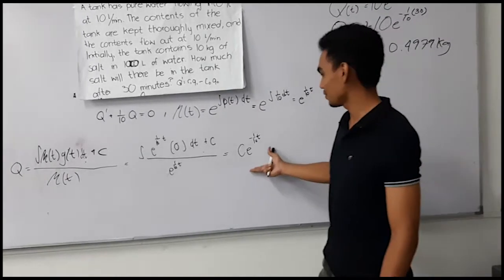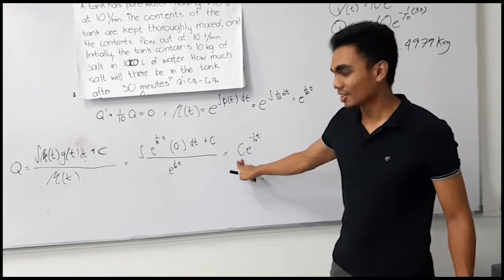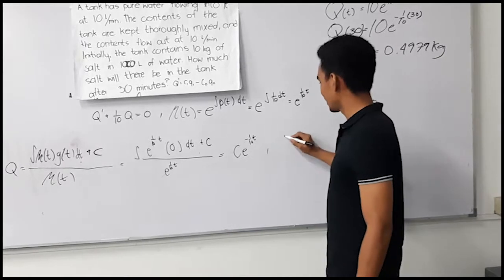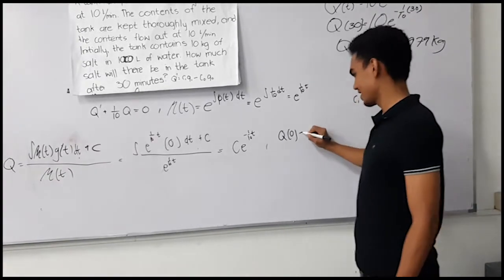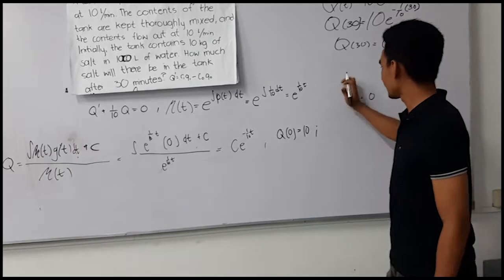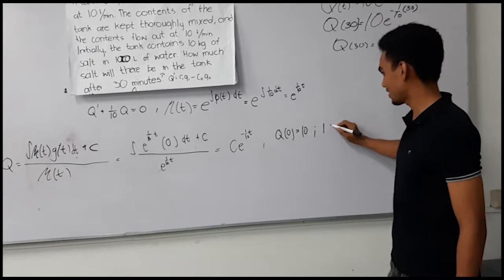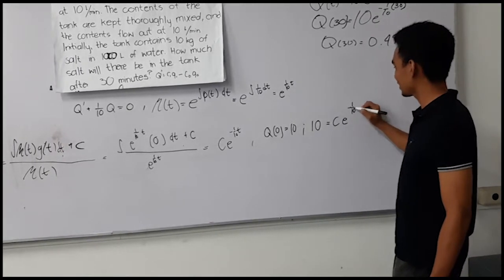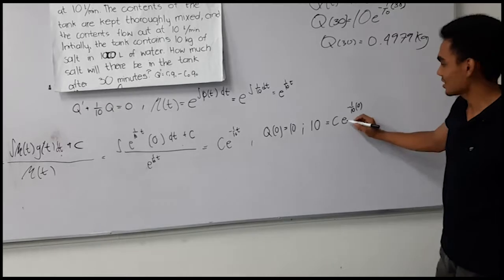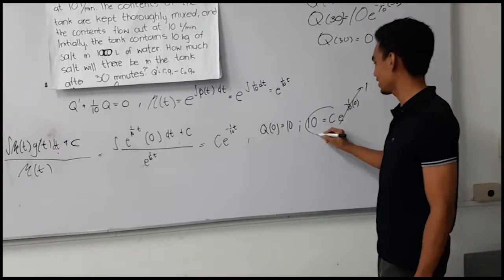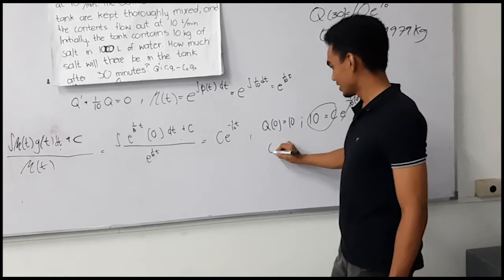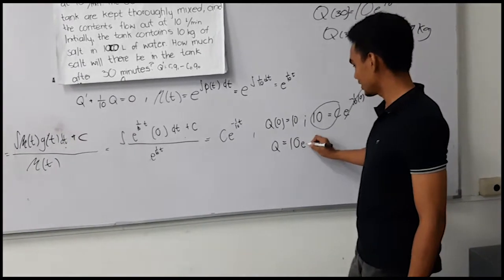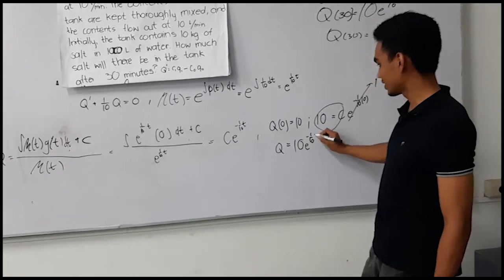Now to solve for c, we will use the initial value, which is q of 0 is equal to 10, and we will have c e raised to negative 1 over 10 times 0, where e raised to 0 is equal to 1. So we're going to have c is equal to 10. So q is equal to 10 e to the negative 1 over 10 t.